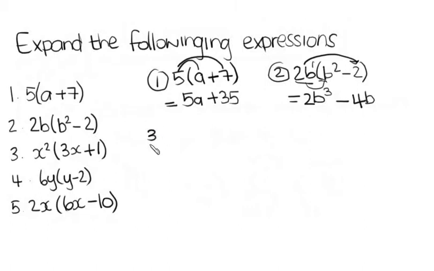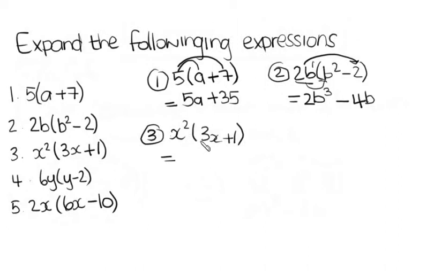Question 3. I have x to the power of 2, open bracket, 3x plus 1 close bracket. Again, the coefficient over here is an invisible 1. I like to think of it as breaking things up a bit, so I would multiply my coefficients together, then the variables.